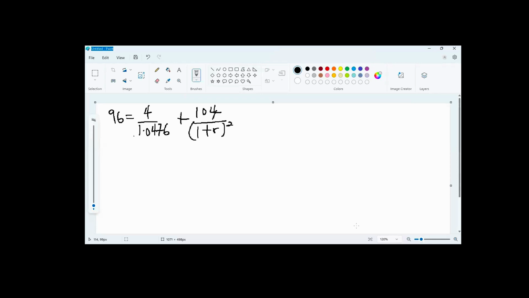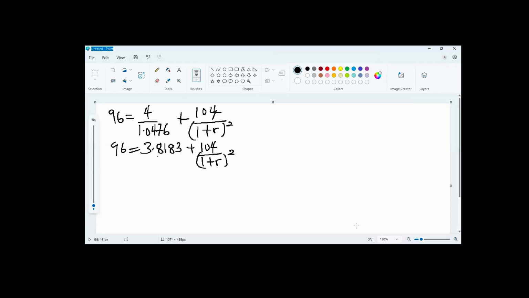Now, please solve 4 divided by 1.0476. What do you have? 3.8183, plus 104 divided by 1 plus R raised to power 2.